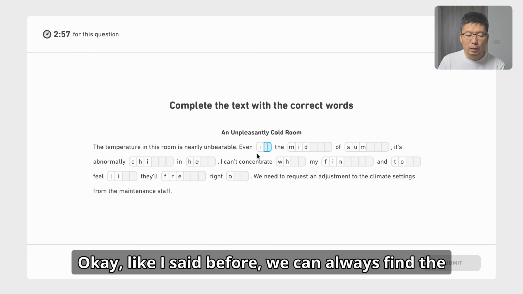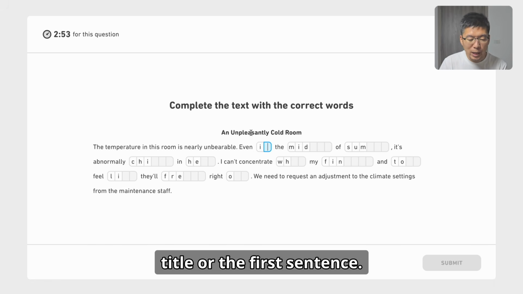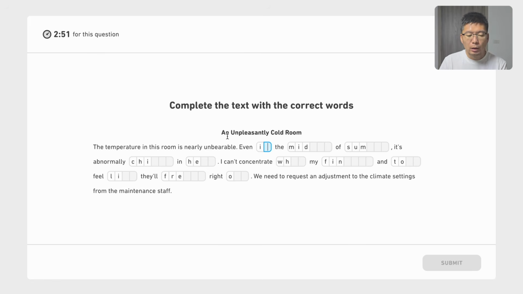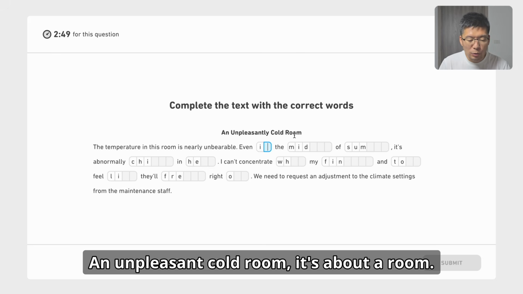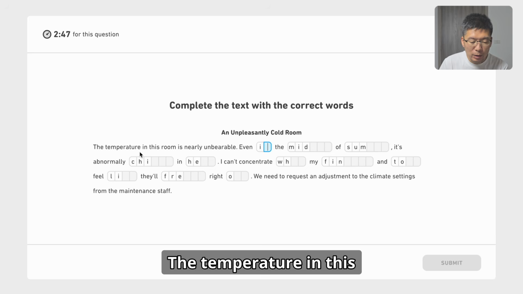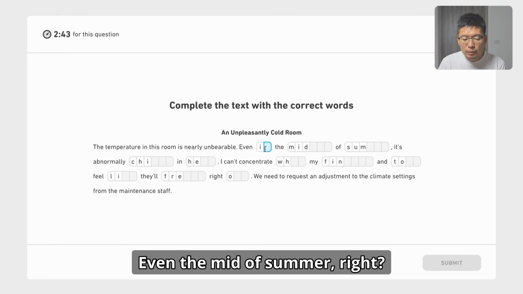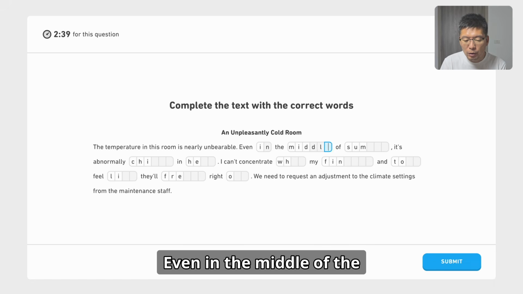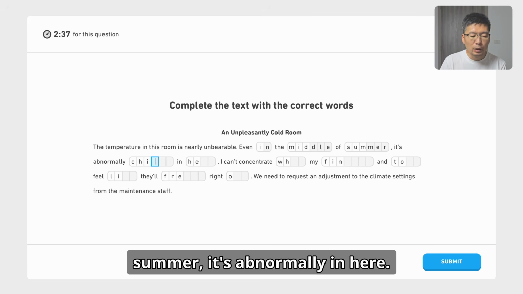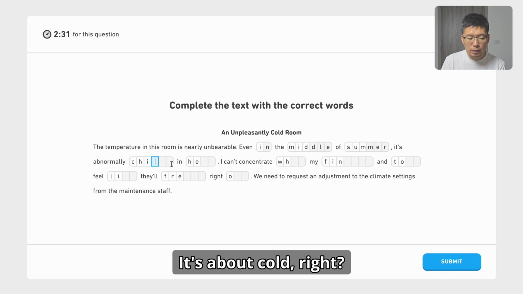Okay, like I said before, we can always find the clues and answers from the title or the first sentence. An unpleasantly cold room. It's about a room. The temperature in this room is nearly unbearable. Even in the middle of the summer, it's abnormally cold in here. It's about cold, right?